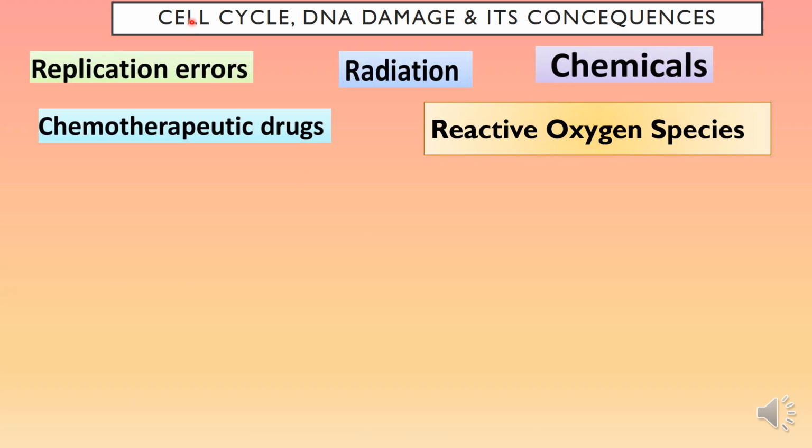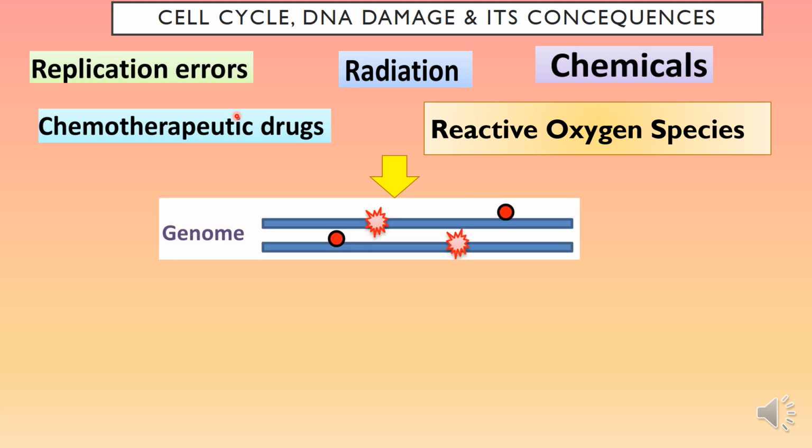Now these are the various types of errors that we have discussed. These are the causes. That is, the errors may be due to replication, radiation, chemicals, reactive oxygen species, and chemotherapeutic drugs, which can cause damage to the genome.